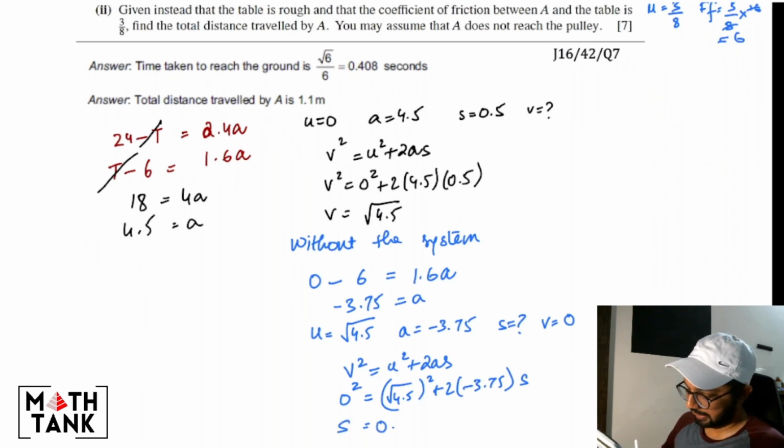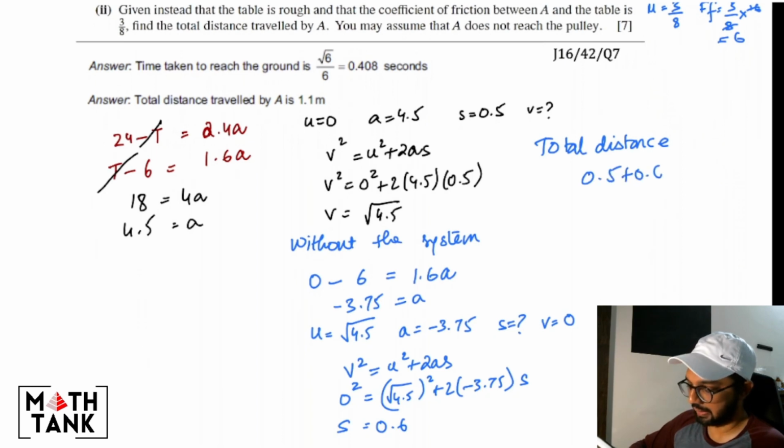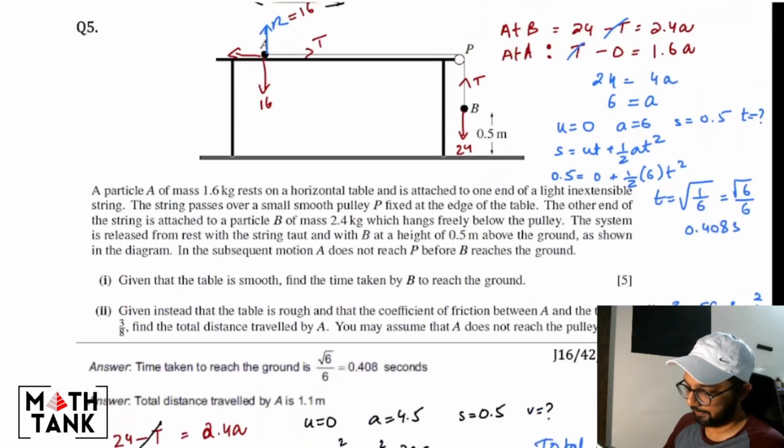That's 0.6. So total distance is then 0.5 plus 0.6, which is 1.1 meters. And that is the final answer.